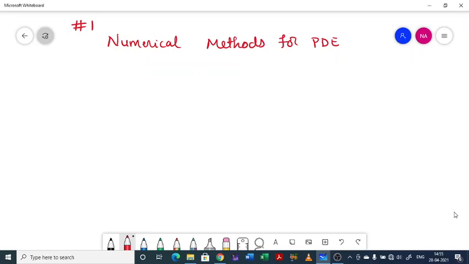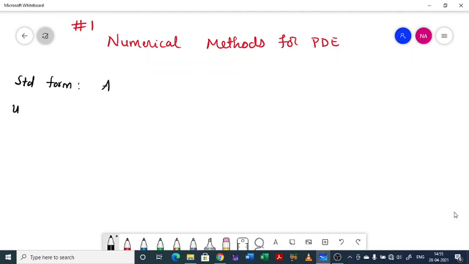In this unit, we are going to discuss how numerical methods are used to solve partial differential equations. So let us start with second order linear partial differential equations first. The general form of a second order linear partial differential equation, the standard form, is as follows.